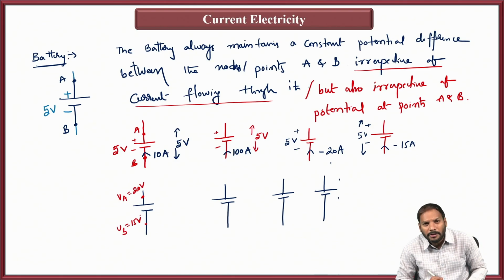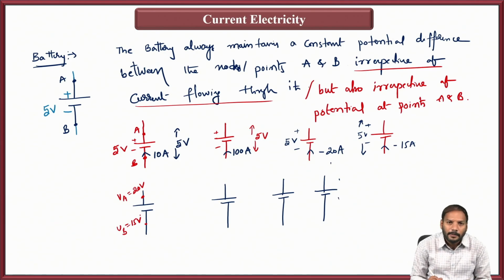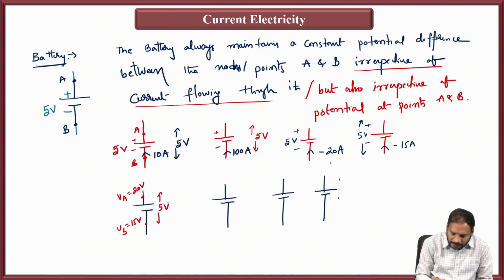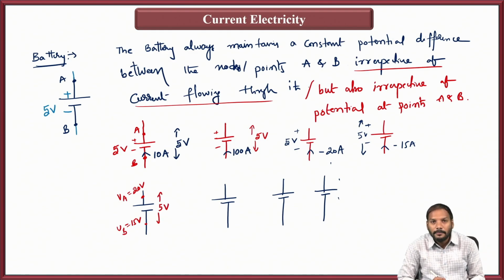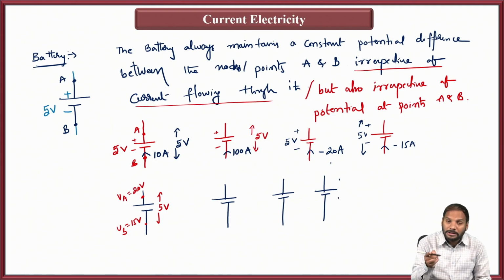What you need to understand is that it is a part of some circuit, just an example I am saying. That means the potential difference between these two should be exactly 5 volts, compulsorily. If the potential at VB is 15, immediately the potential at VA should be 20, such that the potential difference between the 2 points is exactly 5 volts.